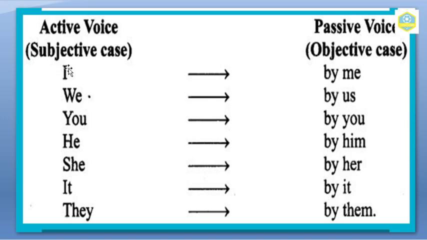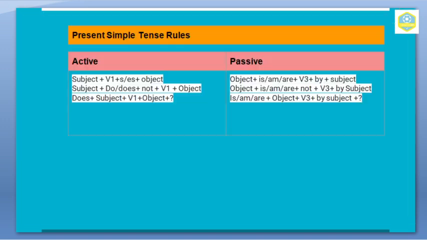I will be changed into me, we into us, you remains you, he into him, she into her, it remains it, and they into them. So these are the changes while we are converting active into passive voice. You must bring these things in. These are the rules we have to stick with.